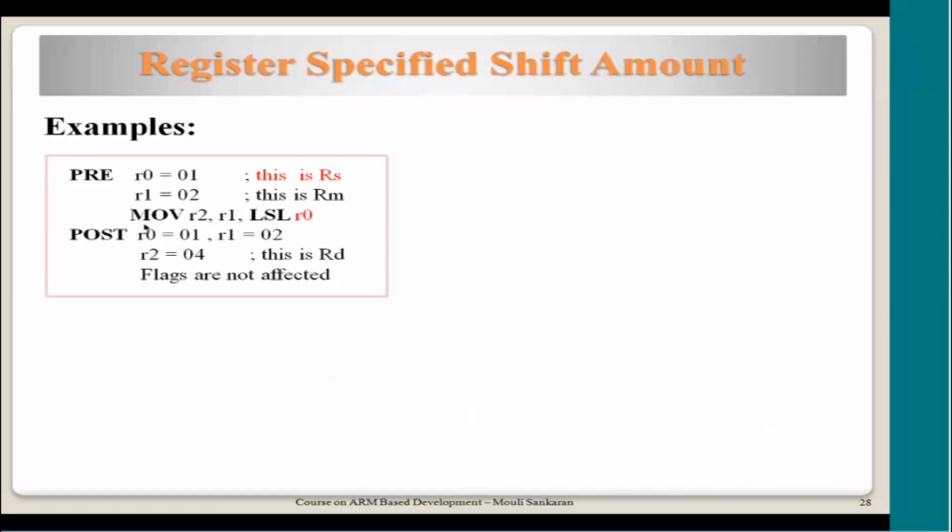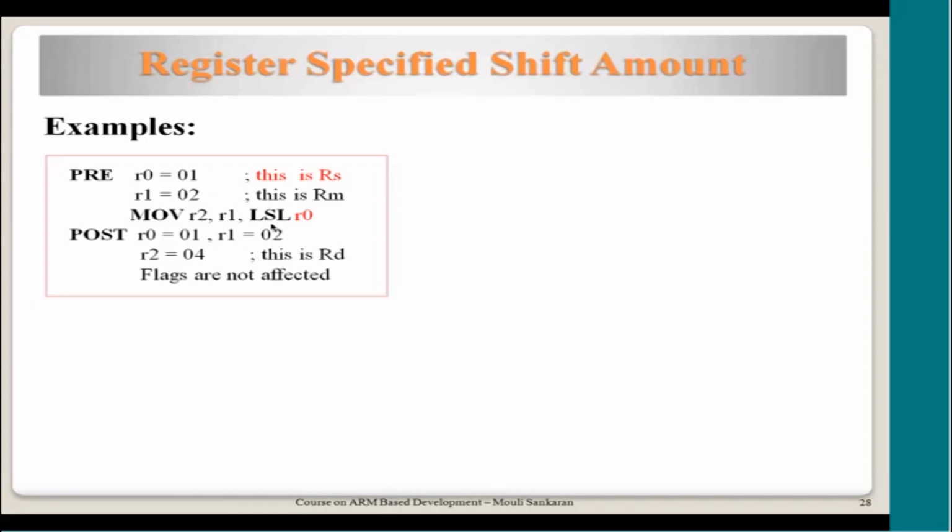Now here again, MOV is a single operand instruction because it only takes RM as an operand, but R0 is actually for the barrel shifter to operate on R1 and then pass on the value to R2. Now assume that R0 was having a value 1. Okay, now R1 is having a 0 2. This is the value. Now what is this instruction saying to the processor?